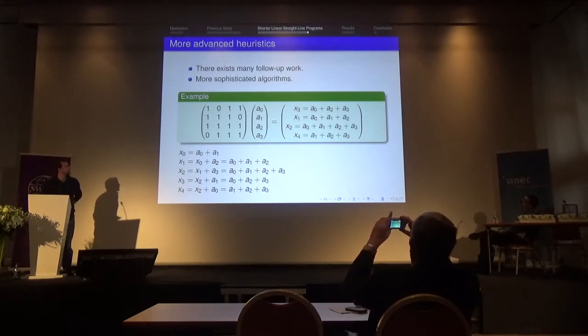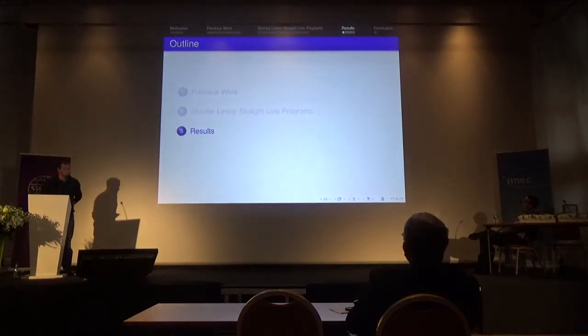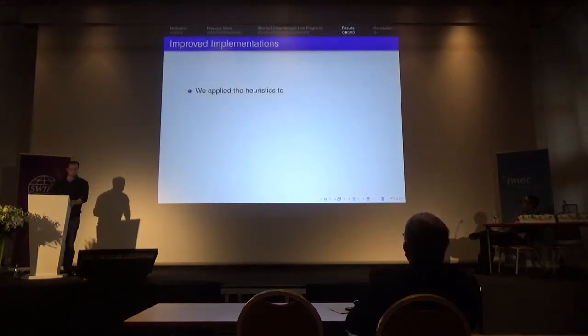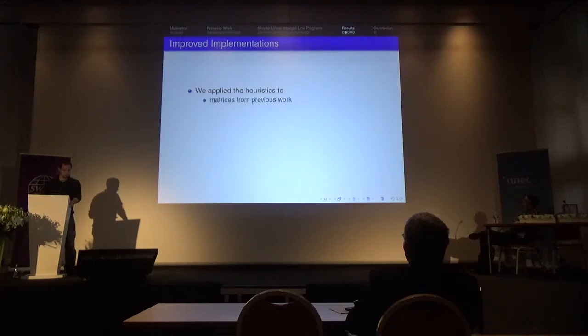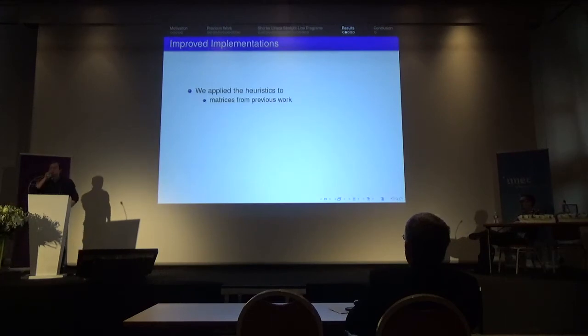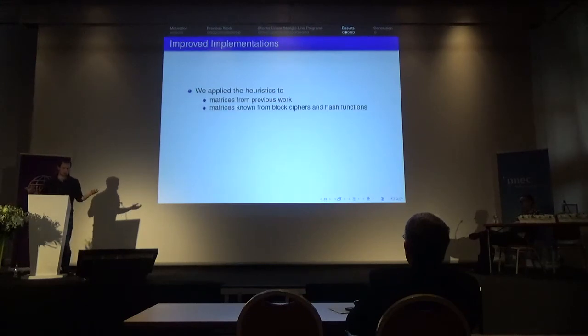So, what did we do? We applied these existing heuristics to the matrices from the previous work that we have presented. And also, basically, to any MDS matrix or even non-MDS matrix you can find in the literature from any block cipher or hash function.